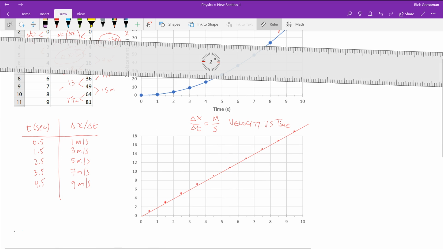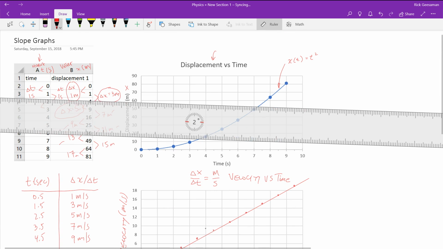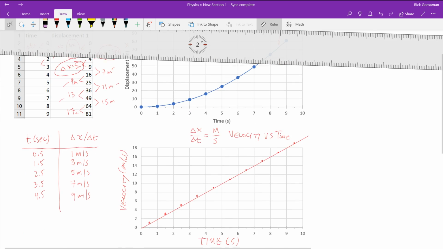But this is velocity versus time. At any given time, in seconds, we can find, using this graph, our velocity. That's pretty cool. And it turns out that x at t is t squared.